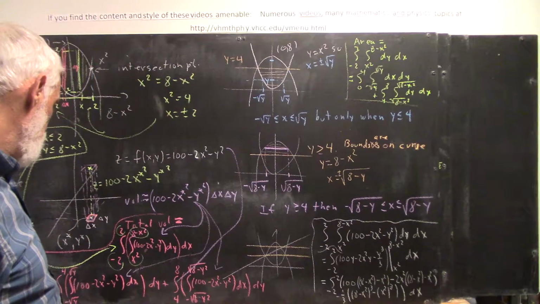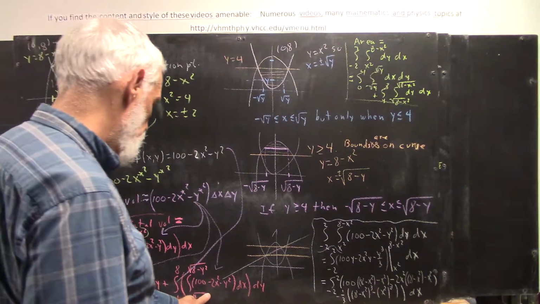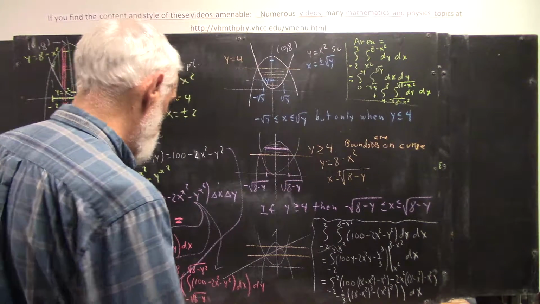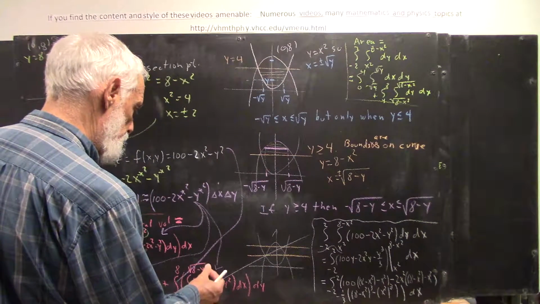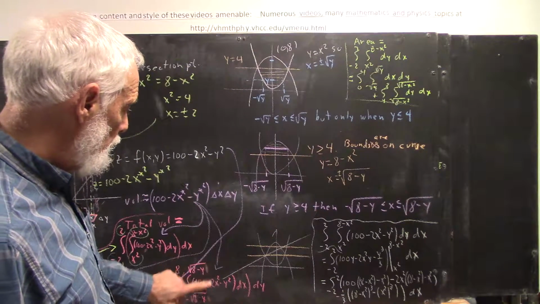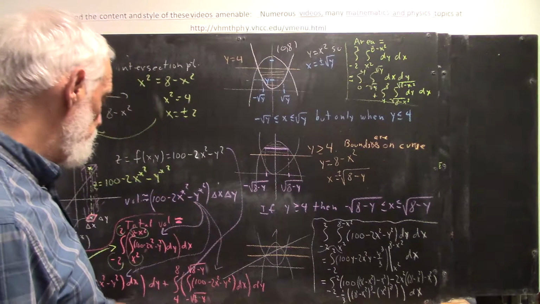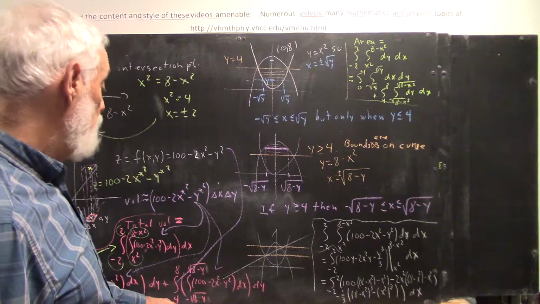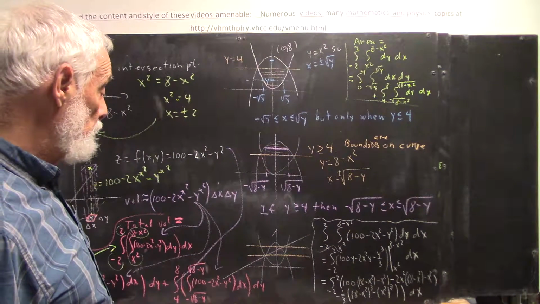And I had y squared here because I wasn't thinking when I wrote it, so let's fix that. Square root of 8 minus y. A lot of times you'll have a y squared because we do a lot of stuff with ellipses and circles. Anyhow, it's -square root of 8 minus y to square root of 8 minus y.